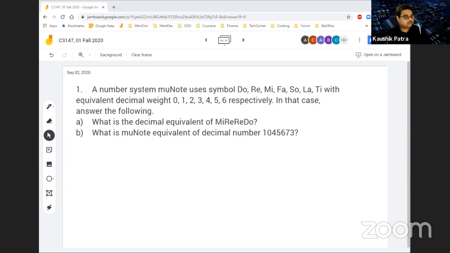So anyone wants to share the result for 1A, the first problem? 742. 742. Yeah, correct. So do you want to explain what you did? Can you please explain to others?